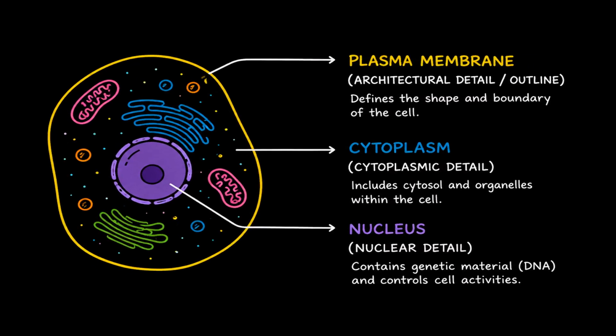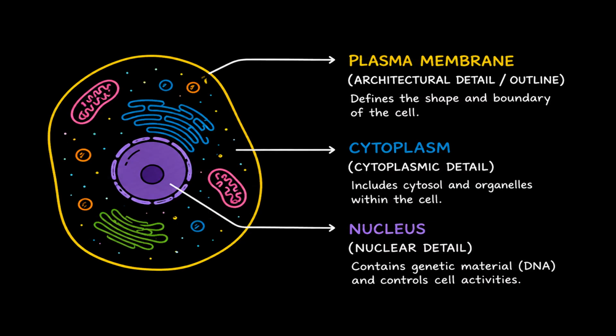So now let's talk about the different types of necrosis. But for us to understand the different types of necrosis, it is very fundamental for us to know these three main descriptions. The three main descriptions are the architectural detail, the cytoplasmic detail, and the nuclear detail.